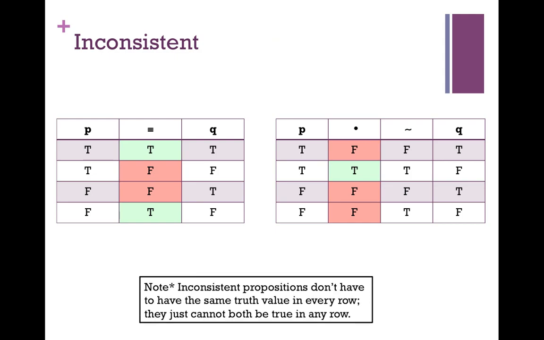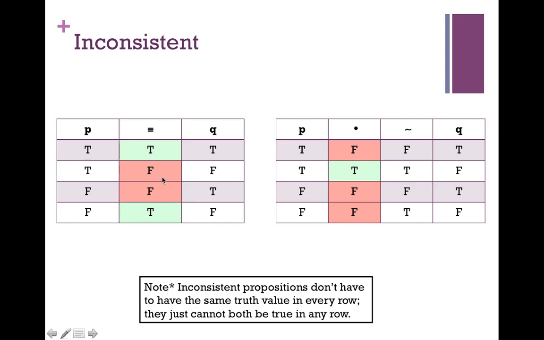Inconsistent propositions don't have to have the same truth value as each other. They don't have to both be false. Hypothetically, let's say that this one right here in row 3 was true. It doesn't matter if they have the opposite truth values. They may not. As long as they are not true in any of the same rows, they are inconsistent.